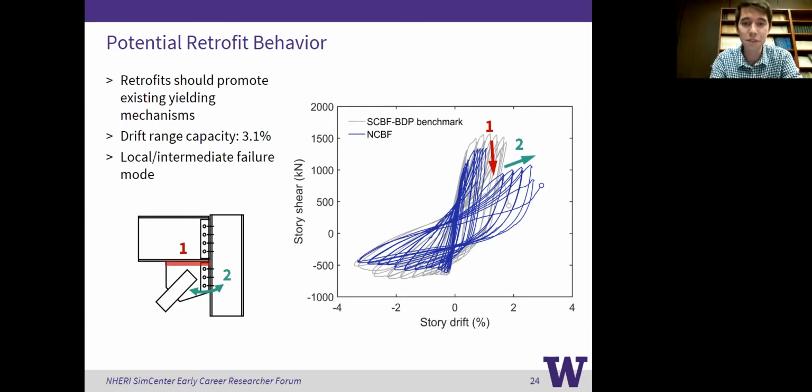We're able to develop significant resistance through that brace, and then eventually the brace fractures. This is much more ductile behavior than we saw with the regular NCBF. By retrofitting, we significantly improve the performance, but it may not be to the level of an SCBF.